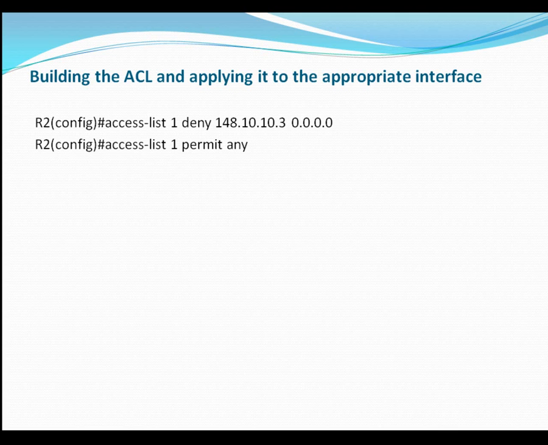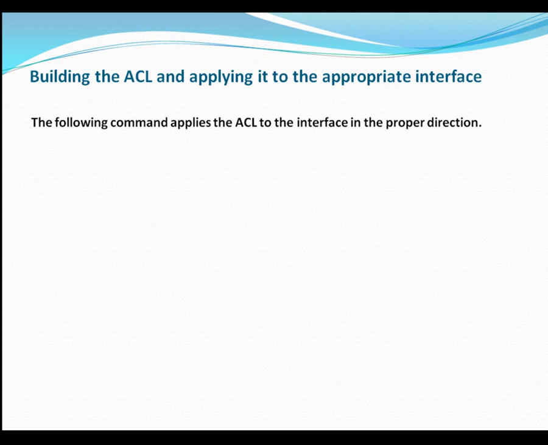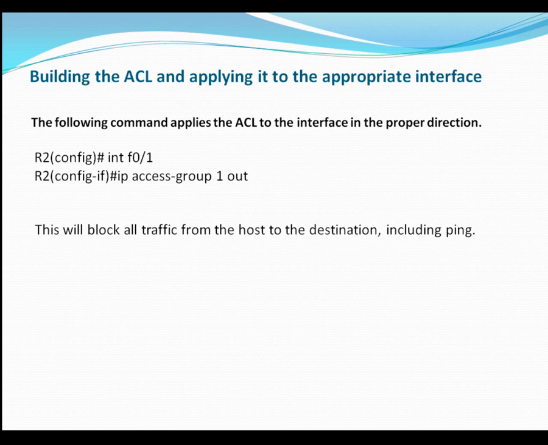This will permit anybody else. These commands build the ACL in the router. The following command applies the ACL to the interface in the proper direction. In the global config mode, interface Fast Ethernet 0/1, and you type ip access-group 1 out in the outbound direction. This will block all traffic from the host to the destination, including ping.